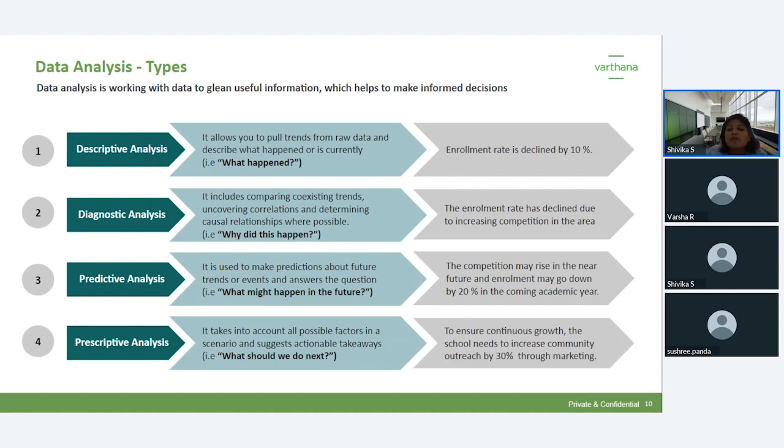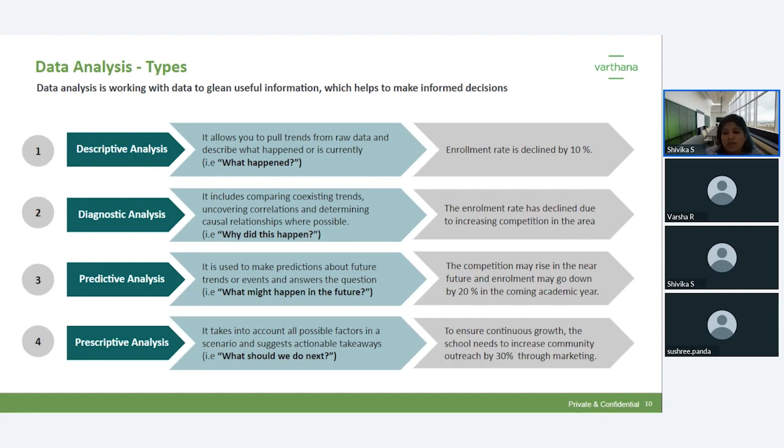Predictive analysis is what might happen in the future. For example, I know the learning level has dropped. It may impact the 10th result or also the future learning of the student or future earning of the student, because it will impact their earning capacity and income. And then the prescriptive is what should we do next.